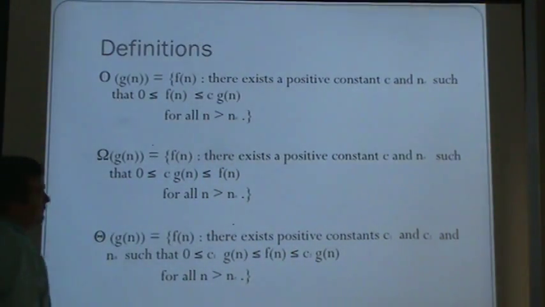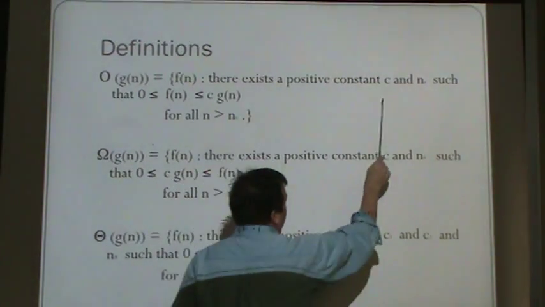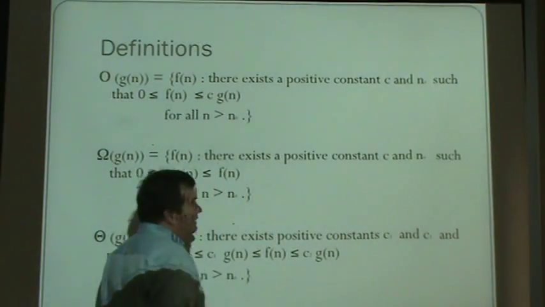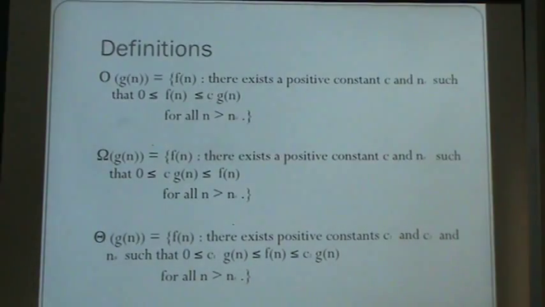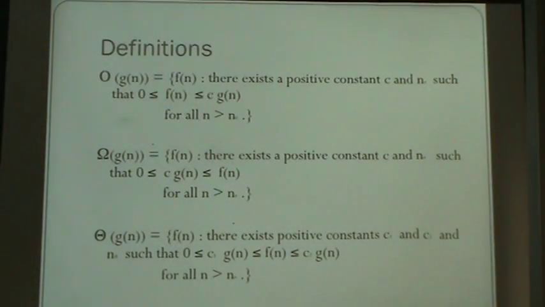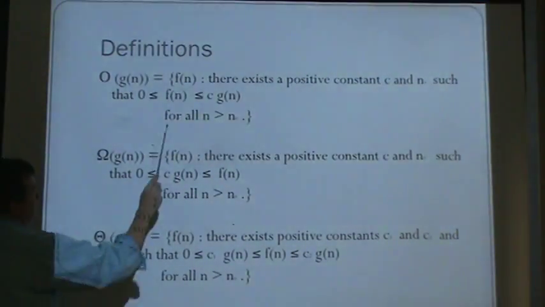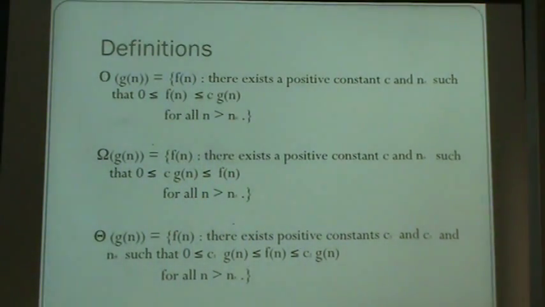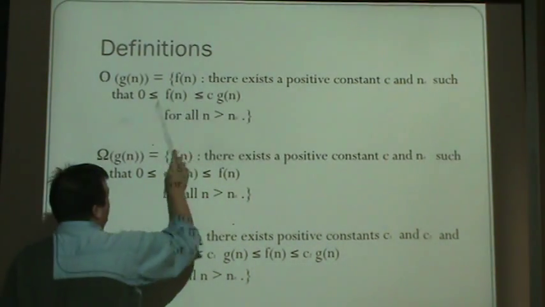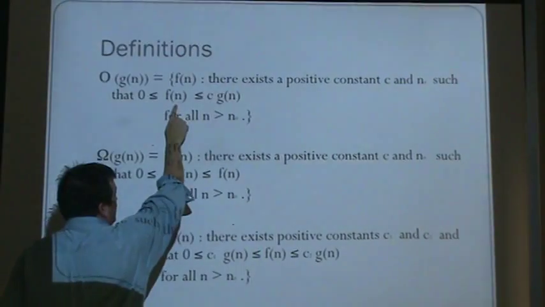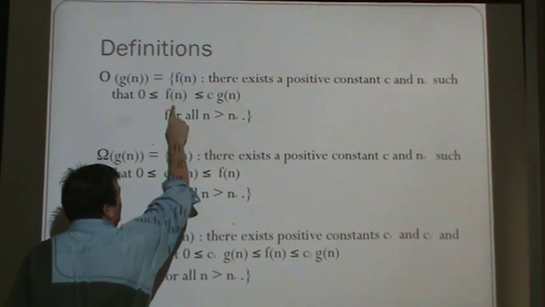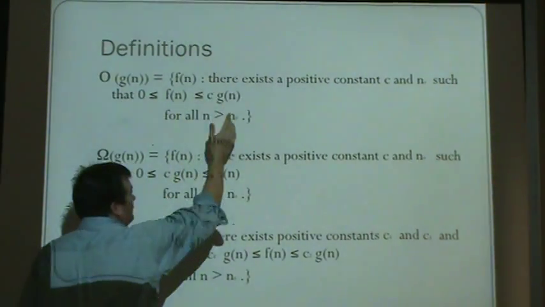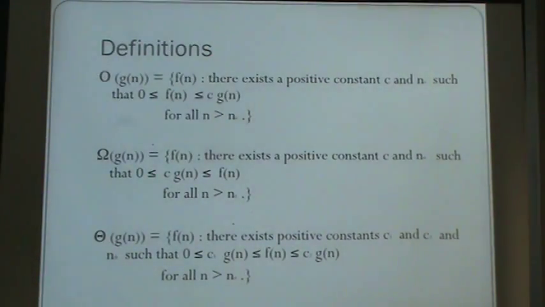If we could find a constant c and a particular starting number n0 and show that from n0 going forward this statement will always be true, then we would show that the n squared component is always less than some other constant times a function that also has an n squared component.